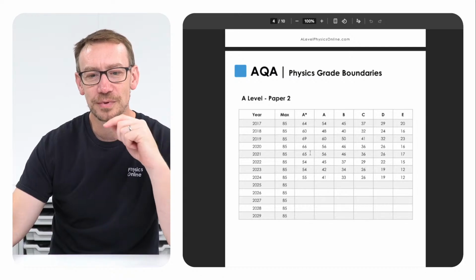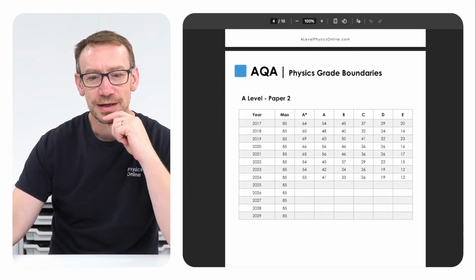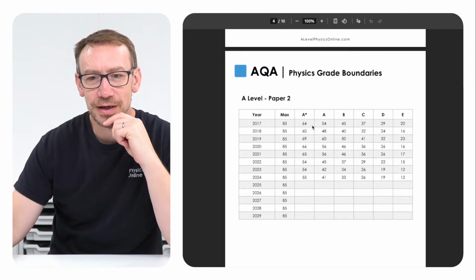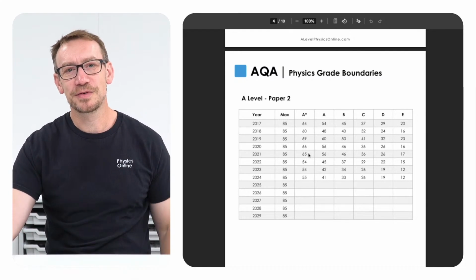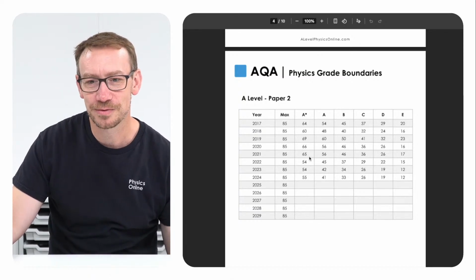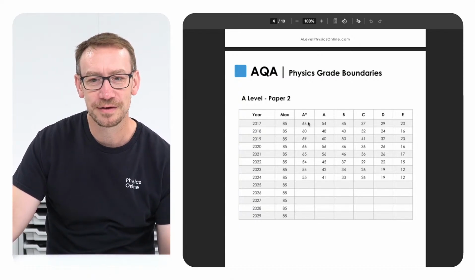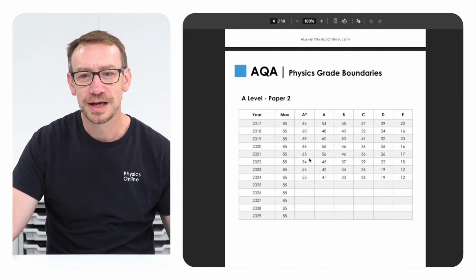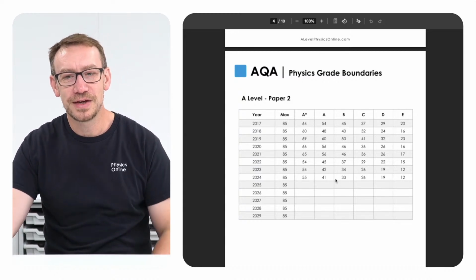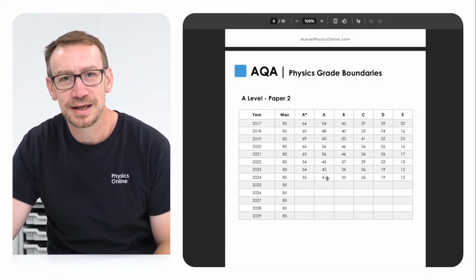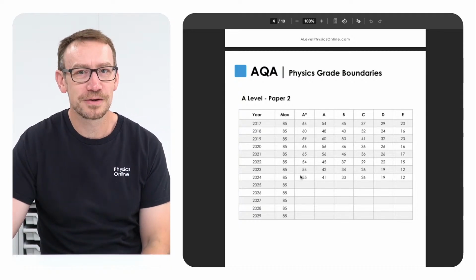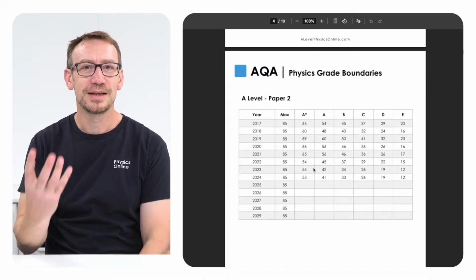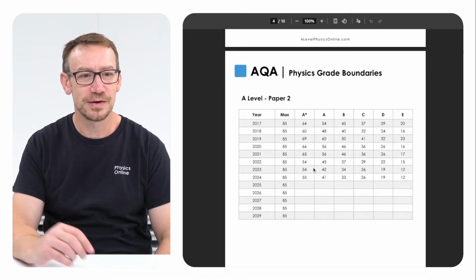You can see that with AQA, they had quite easy papers up until about 3 years ago, where suddenly they must have got some people on the team who just don't like children, and you can see that the grade boundary for an A star went from about 65 down to about 54. And even last year, to get a grade A, you needed to get 41 marks out of 85, which just meant the AQA paper 2 last year was just too hard.